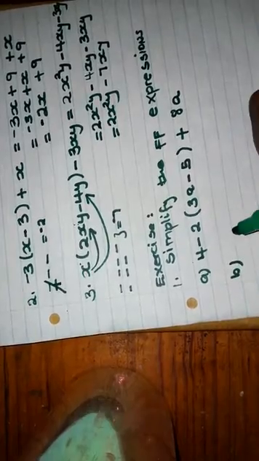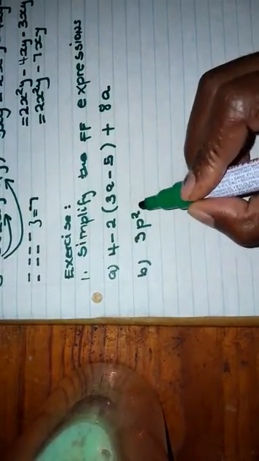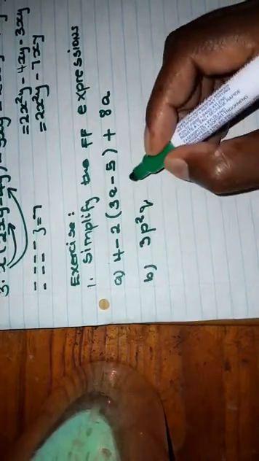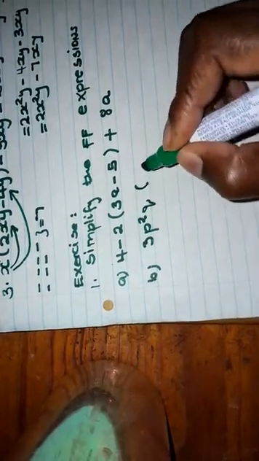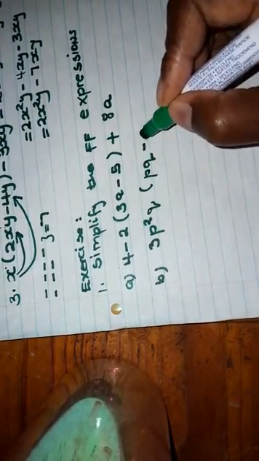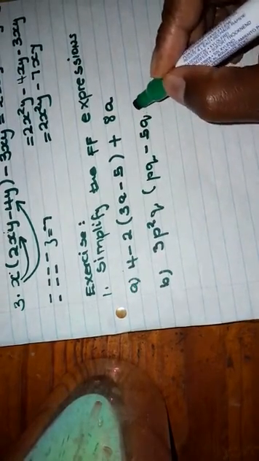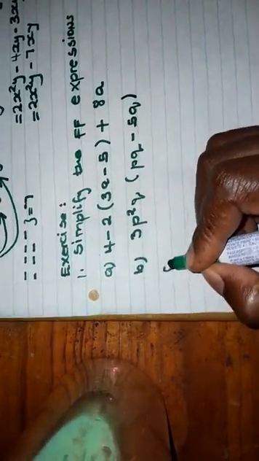Maybe B is going to be 3P power 2 Q into PQ minus 5Q.